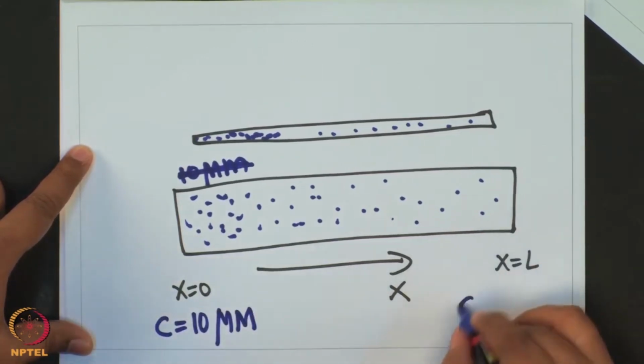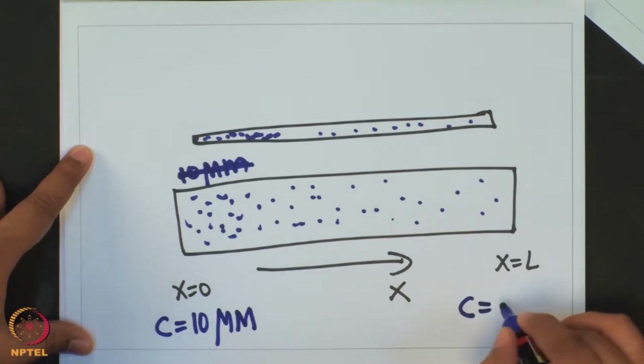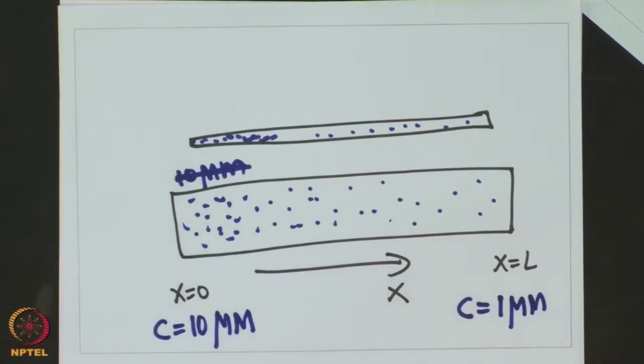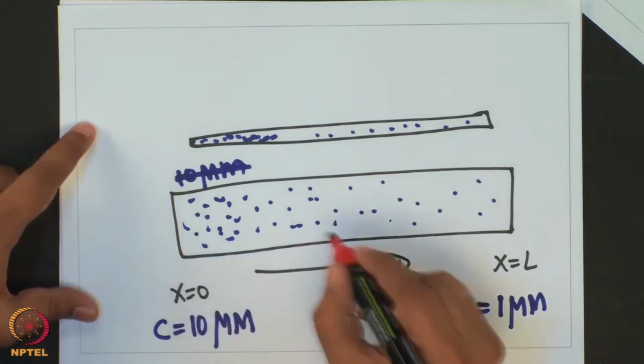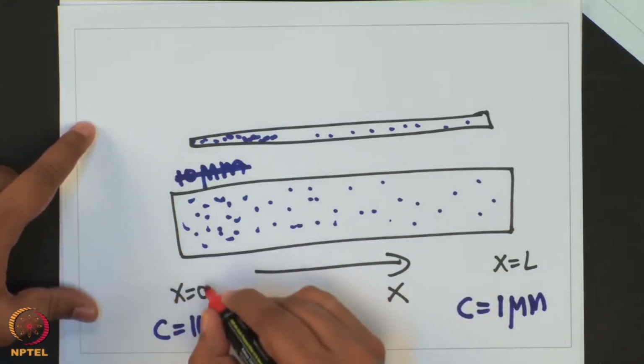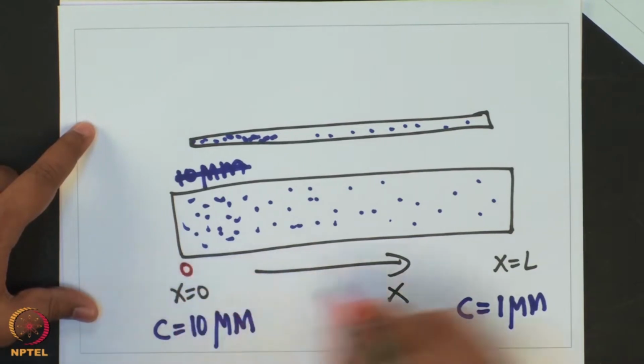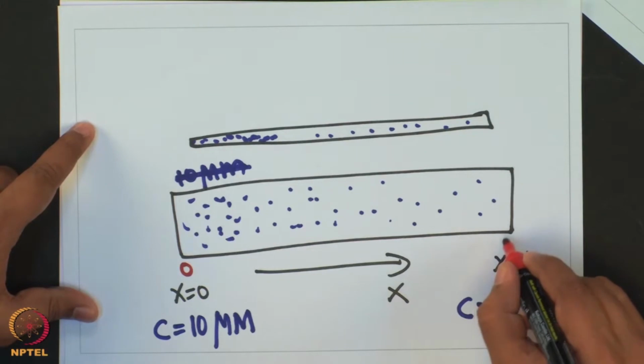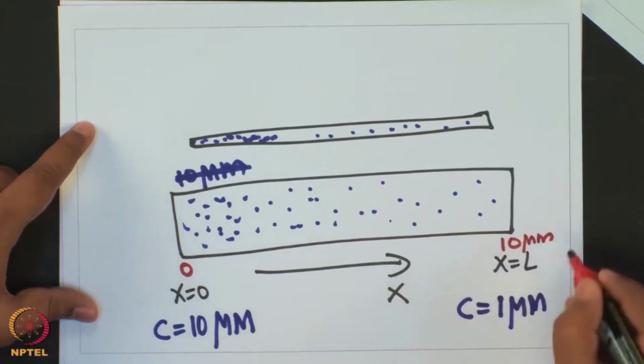Here at this end, let us say it's essentially 1 micromolar, and the length, let us say here this is in microns, so this is 0 micron, and here this is 10 micrometer.